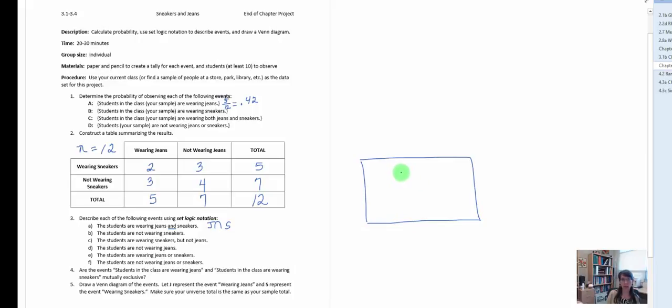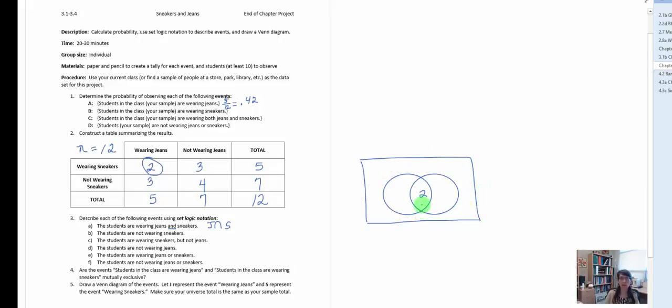Now, whether these circles overlap or not will depend on if you have mutually exclusive events. Since we do have an intersection, we have students that are wearing jeans and sneakers at the same time, I need to draw 2 circles that overlap. And we know that there are 2 students that are wearing jeans and sneakers. So 2 will be the intersection.